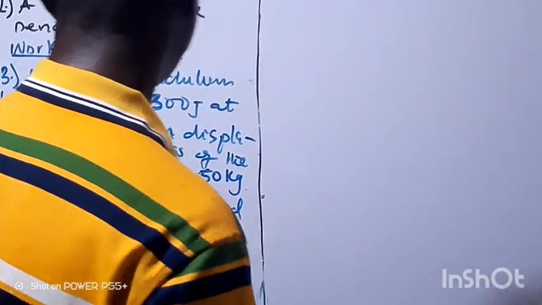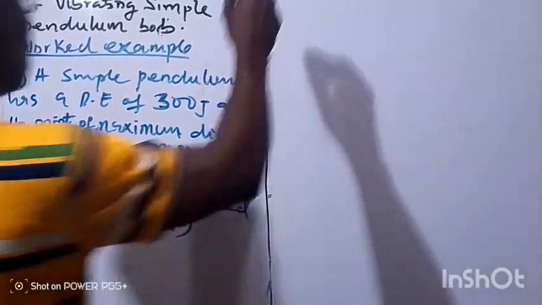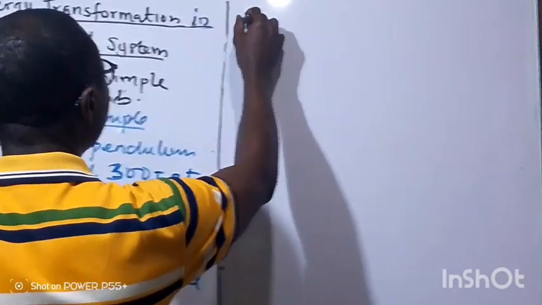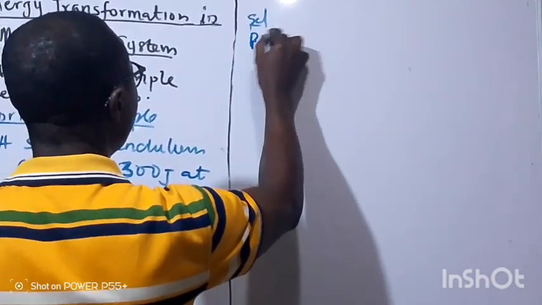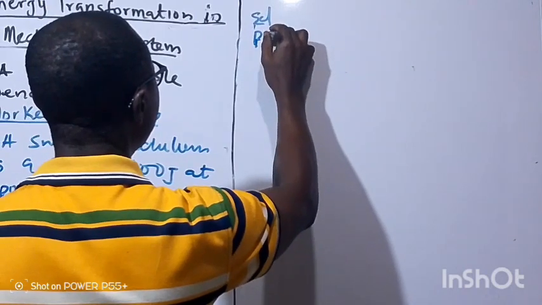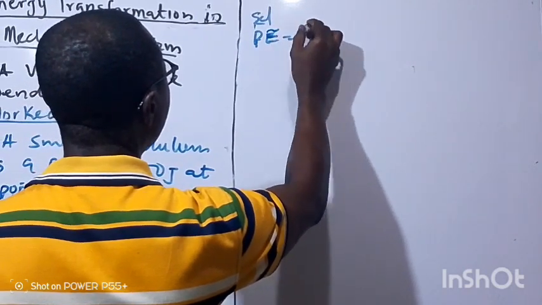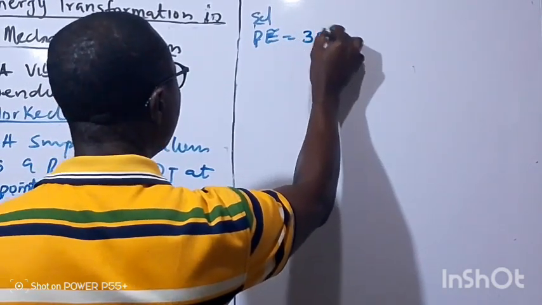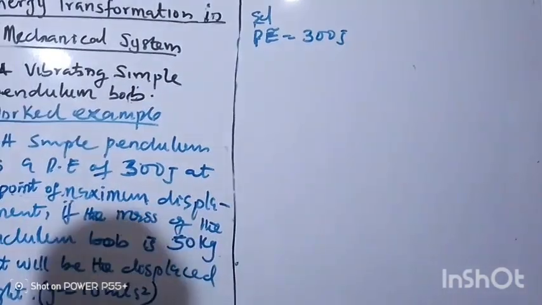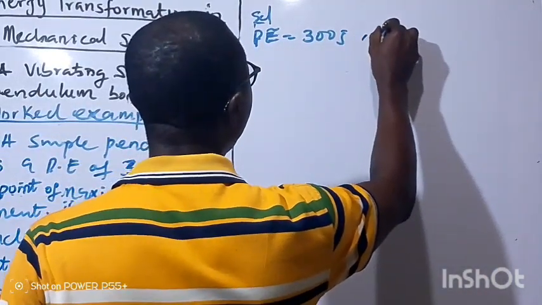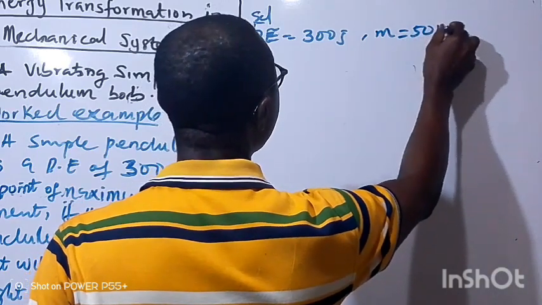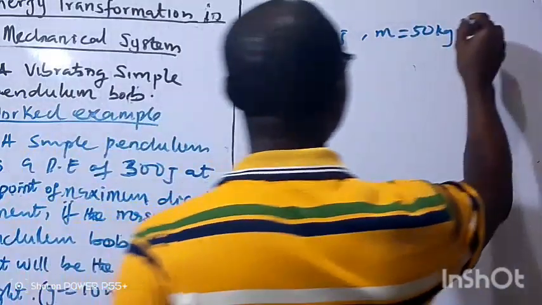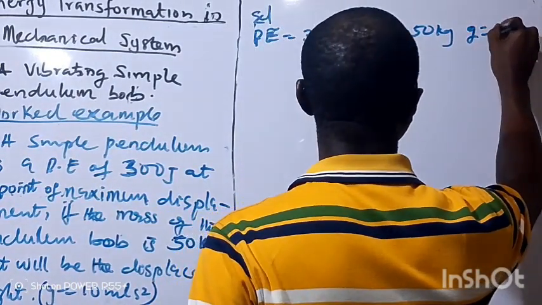From this question, P is given. Solution. P, that is the potential energy, is given as 300 joule. Mass of the bulb, M, is given as 50 kg. Then acceleration due to gravity is given as 10 meters per second square.